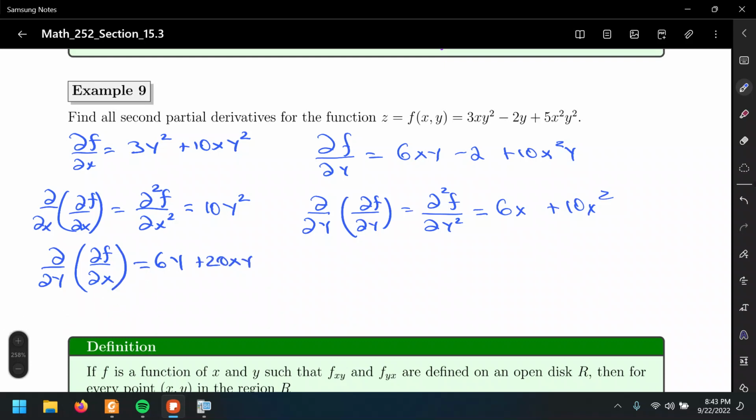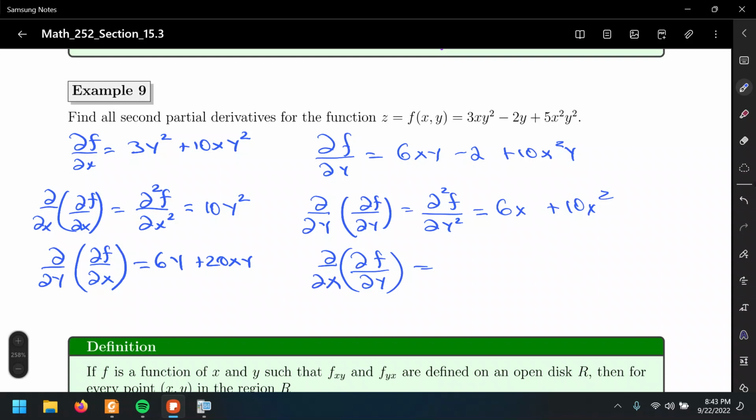Okay. Now, let's do something similar with the derivative of f with respect to y, but this time we're going to take the derivative with respect to x.